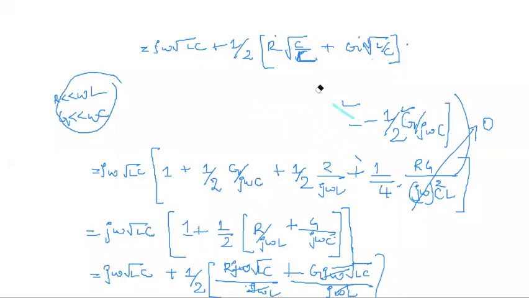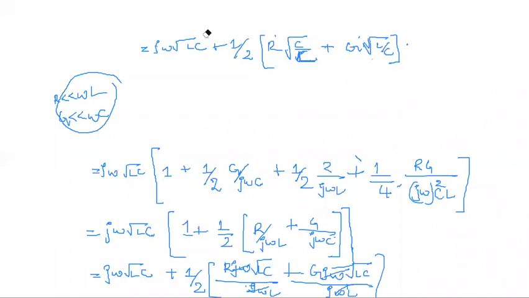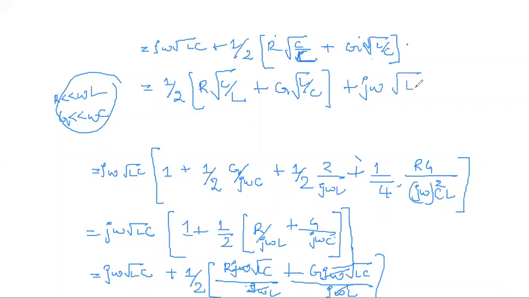Now write the above equation in terms of A plus jB form. If you write it in terms of A plus jB form, this equation will become half into R root C by L plus G root L by C, plus j omega root LC.